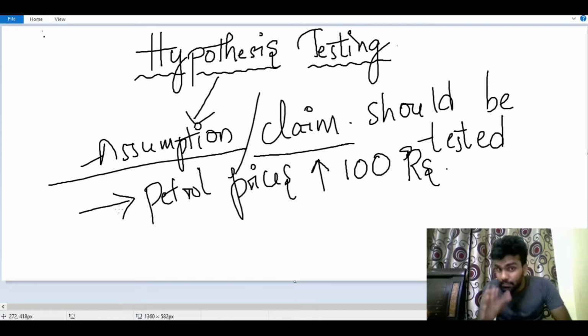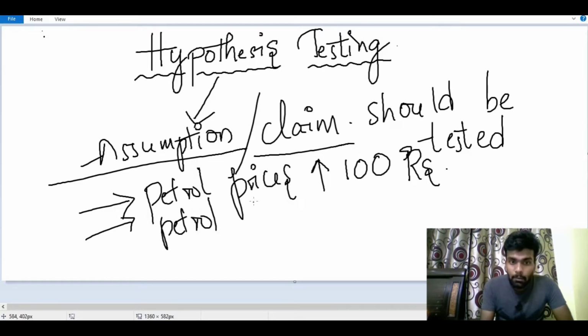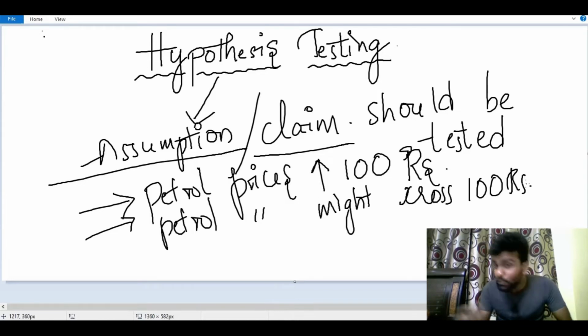This is the first hypothesis I made. And I will make another hypothesis: petrol prices might cross 100 rupees. The first statement says petrol prices are greater than 100 rupees, and the second says petrol prices might cross 100 rupees. This is the second hypothesis I made.